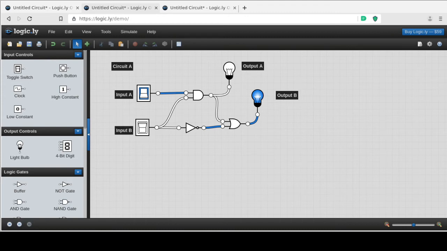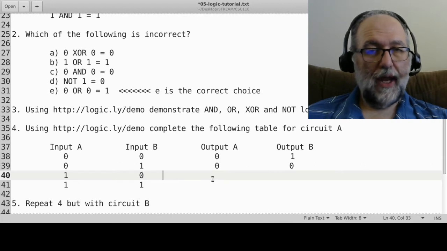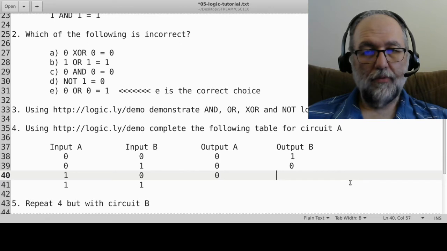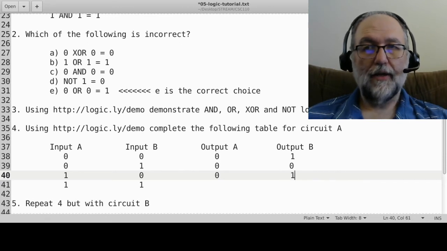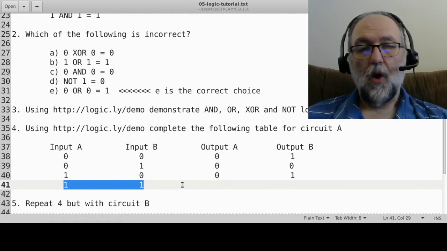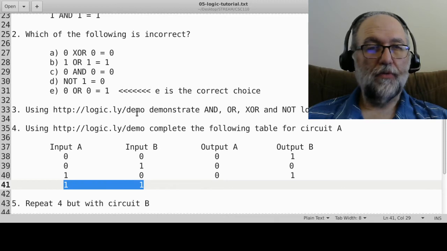Okay, so now we have that input A is off and input B is on. So when we switch back here, we're going to say, okay, input A is off and input B is on, like that. And then finally this last row says what happens when they are both on.